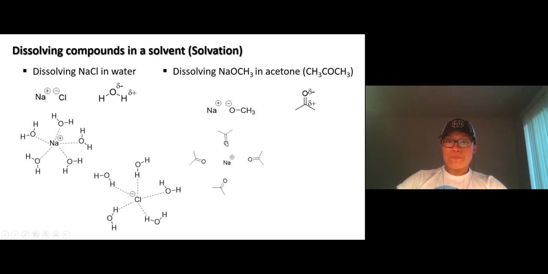Start with the sodium ion. Sodium is positive, so we take the negative end of acetone, which is oxygen, surround sodium like that, and form an interaction. That's it, positive and negative. And the oxygen, which is negative, the oxide right here, will pair up with the carbon, which is partially positive. Ta-da, that's how you do it.